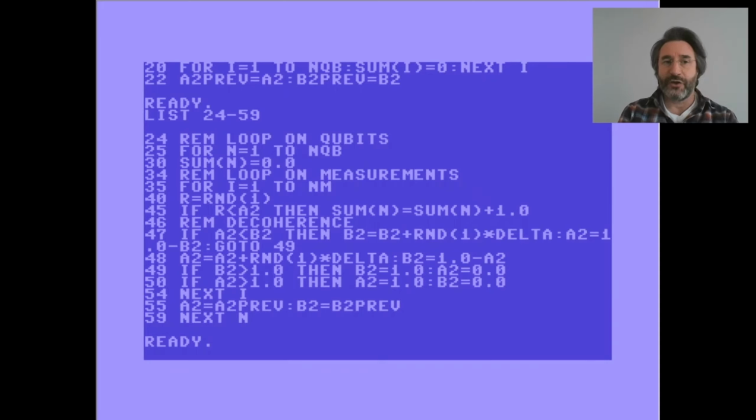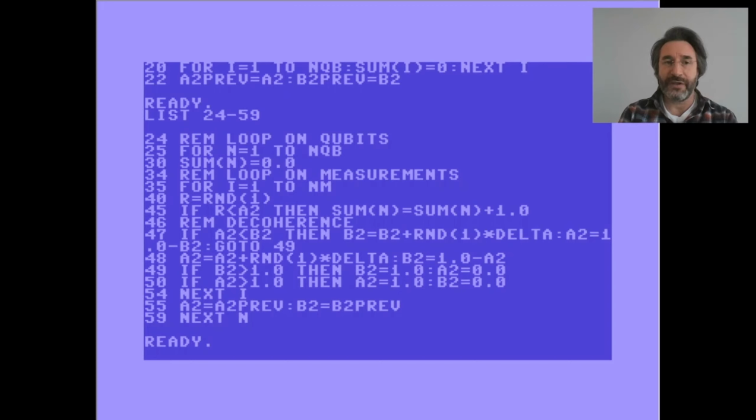Line 40 is just shooting a random number that goes from 0 to 1, and line 45 now starts to deal with the stochasticity of measurements. So in practice, if the number R is smaller than A2, you consider that the measurement has extracted the information 1, and if this is not the case, then the information is 0.